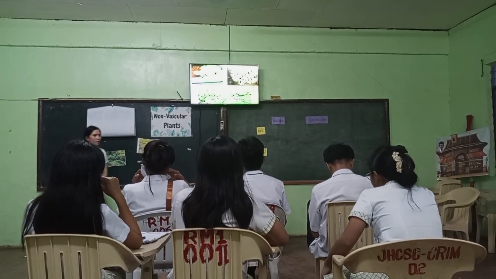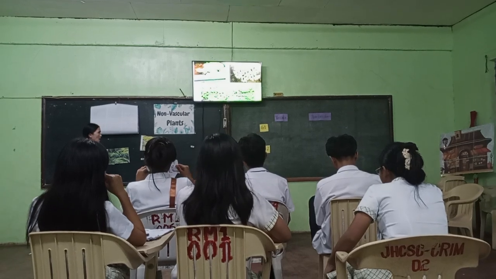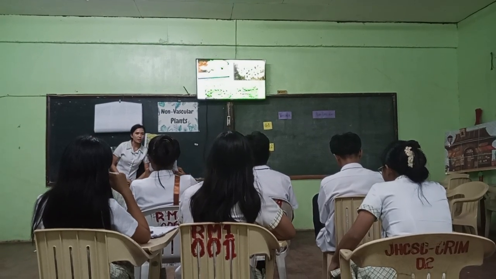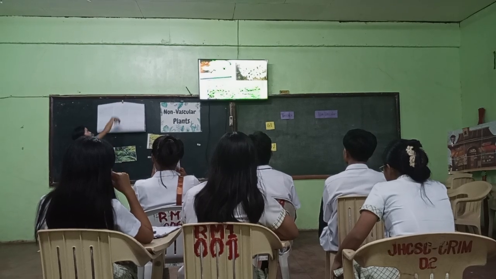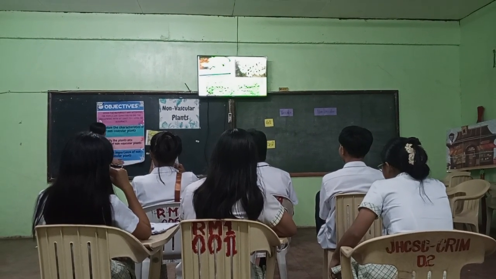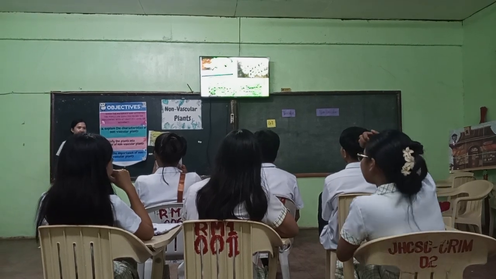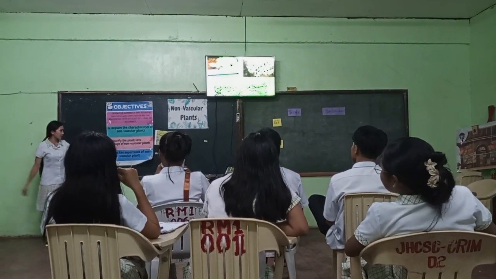In class, please everybody read: non-vascular plants. But before we proceed to our discussion, let us know first the objectives that we need to attain in this lesson. Please everybody read.